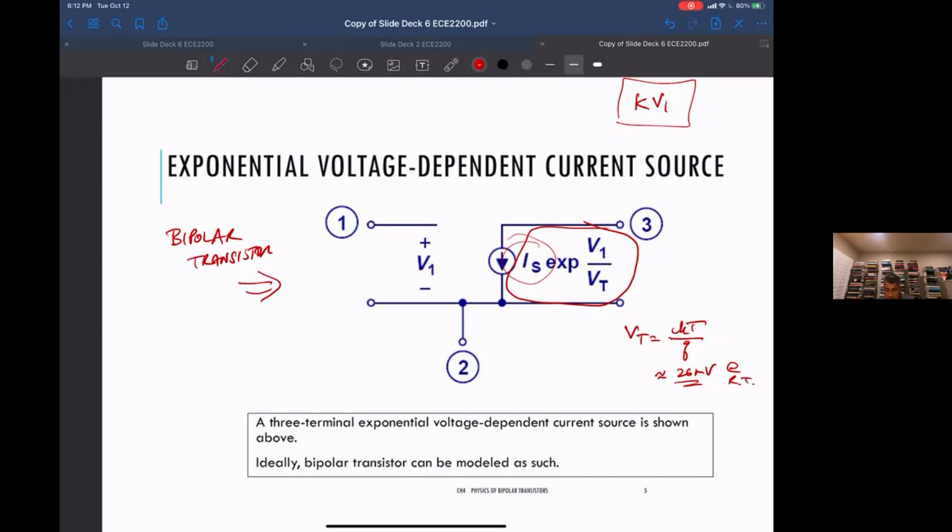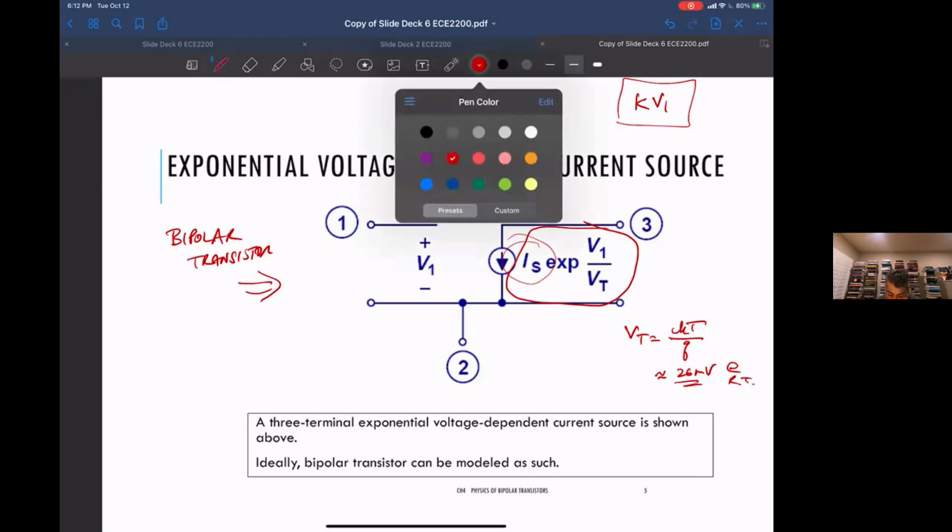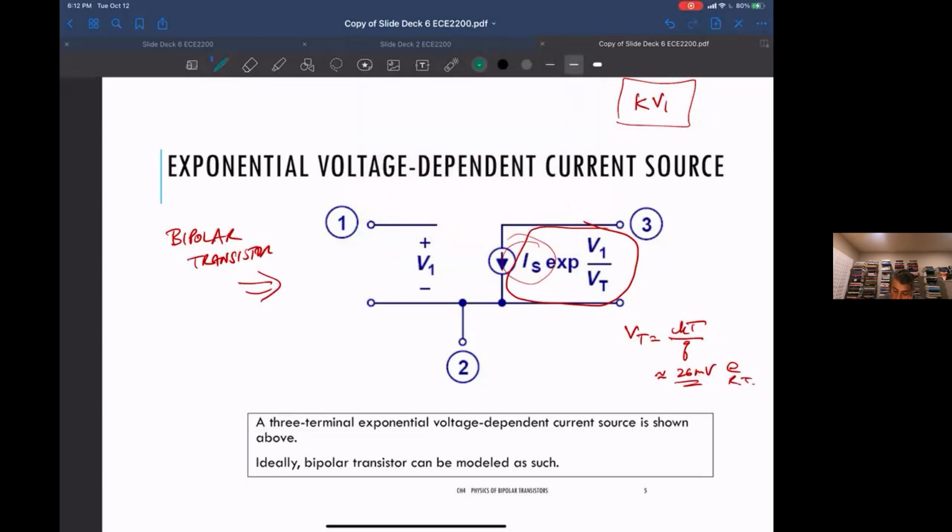Okay, so if we had this in a bipolar transistor, basically I can get gain out of this if I put a resistor here and get that V out.